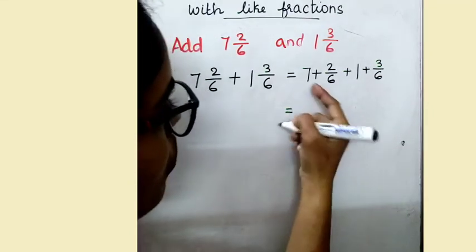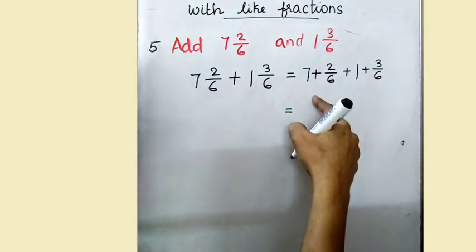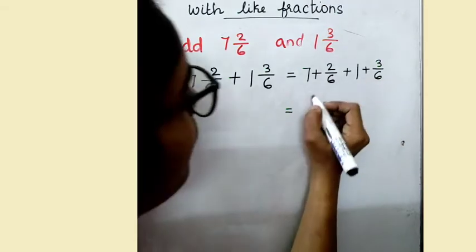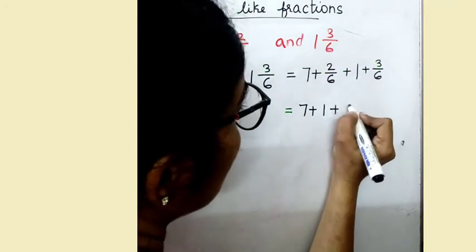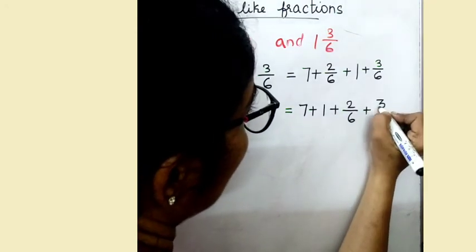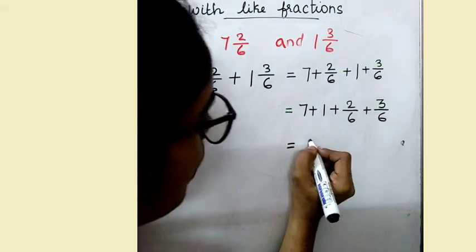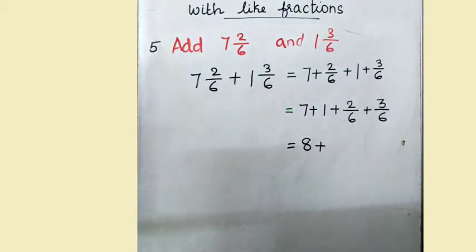That is equal to, first of all, adding the whole number part, then the like fractional part. 7 plus 1 plus 2 by 6 plus 3 by 6. That is equal to 7 plus 1, 8. 8 plus, then adding the fractional parts.